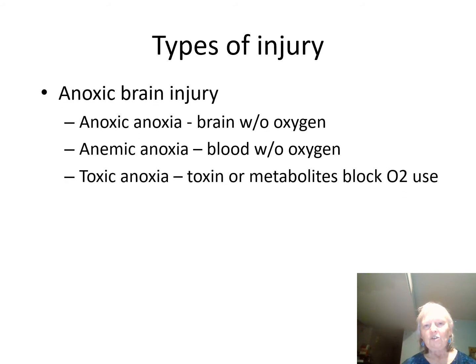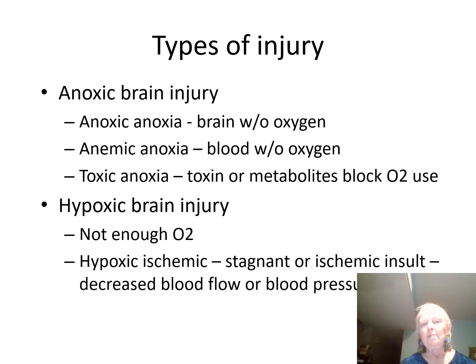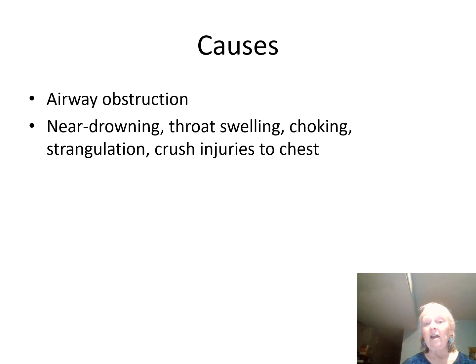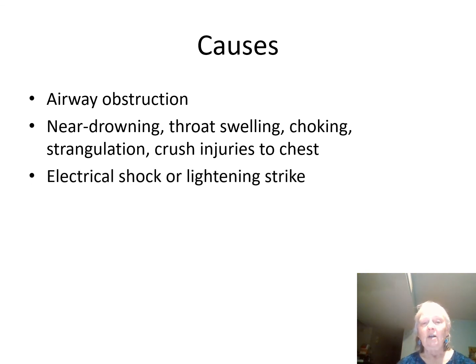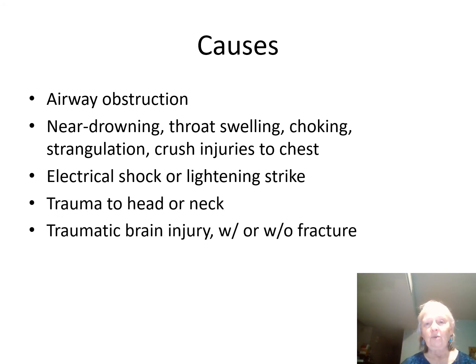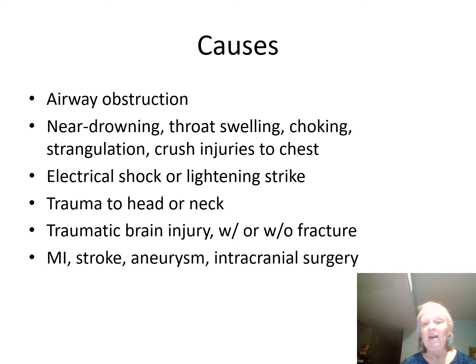So types of injuries that you can have: anoxic brain injuries, hypoxic brain injuries. Causes of these are kind of interesting: airway obstruction, near drowning, throat swelling, choking, strangulation, electrical shock or lightning strike, trauma to the head or neck, traumatic brain injury with or without fracture, MI, stroke, aneurysm, meningitis.